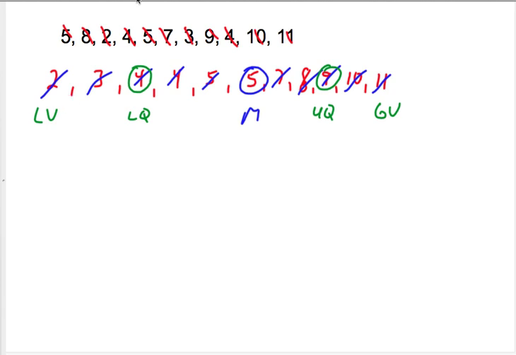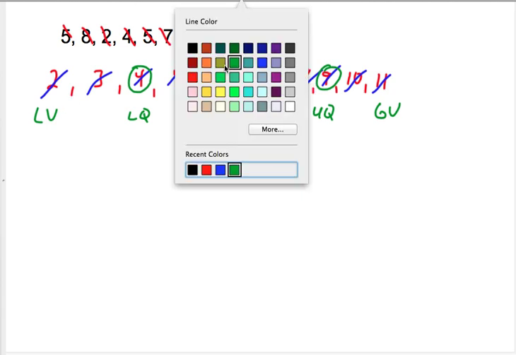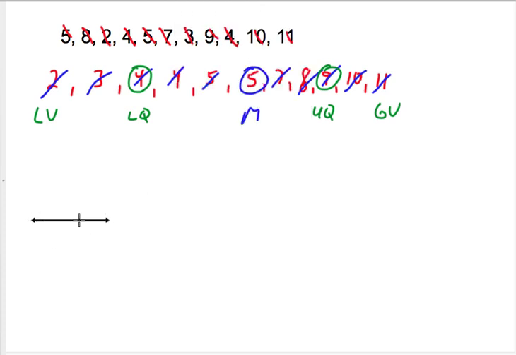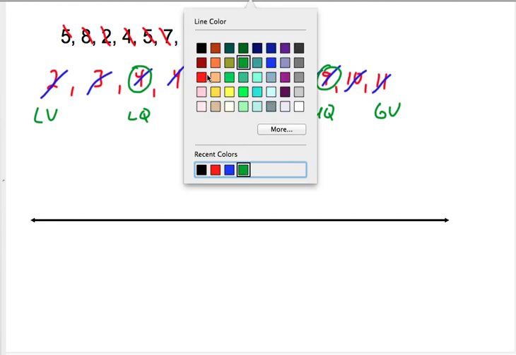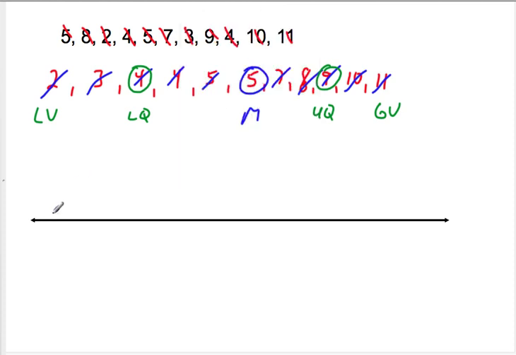Again, we're going to make a number line. Let's do that. And now we're only going from 2 to 11, so they don't have to be in 5s now.